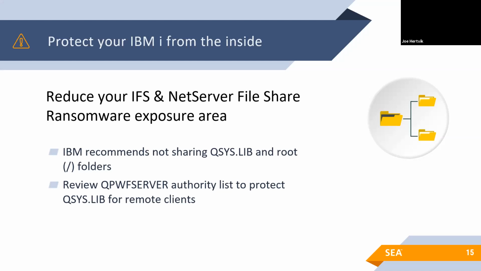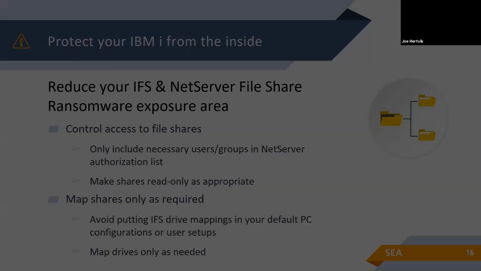You can specify additional security restrictions there, and there may be some you need to tighten up. For example, I believe one of the default settings in that authority list is for *PUBLIC to have use authority to qsys.lib. So review that, determine if it's appropriate for your company, and make whatever changes you need to make for your own security.